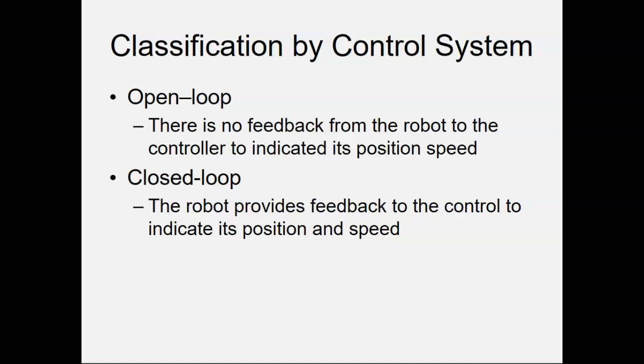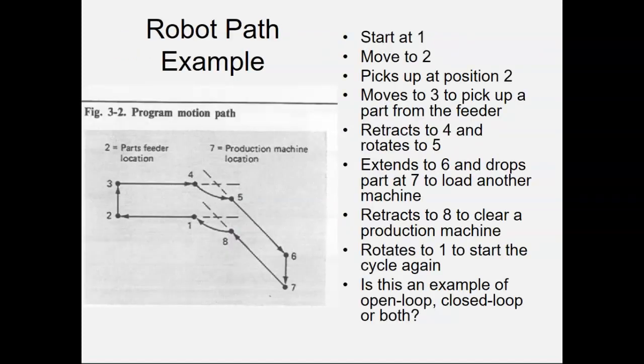That's open loop. Closed loop are these guys that are accurate with speed as well as position. They are very specific to within micrometers of where they are. Okay. So a closed loop provides feedback, an open loop does not. That is the most basic way I can say that.